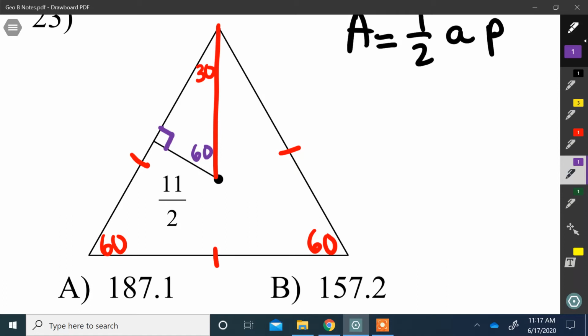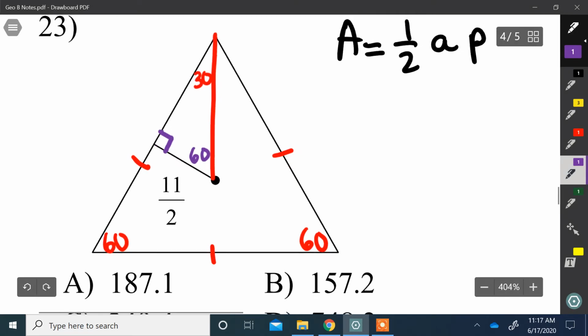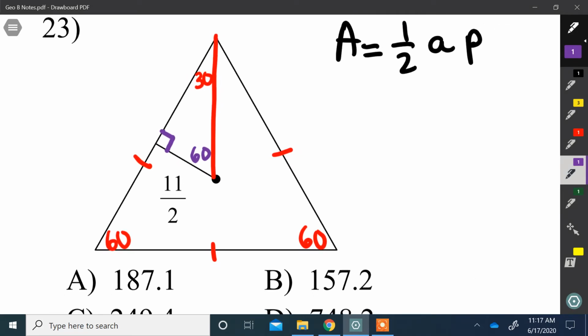We need to use what we call special right triangles, which is a little bit complicated. So we need to review that just a little bit.